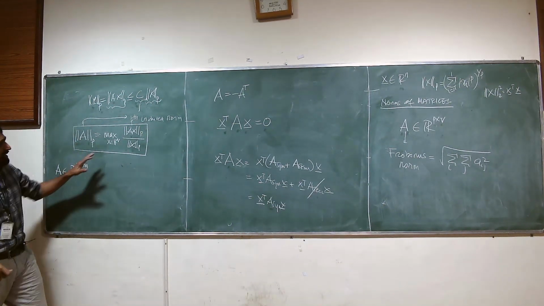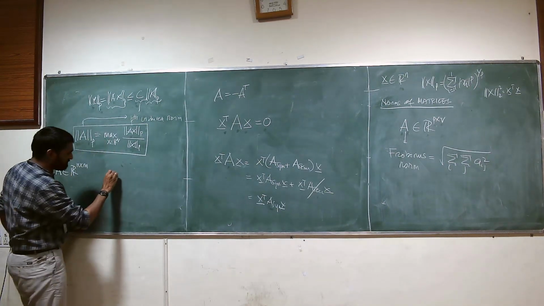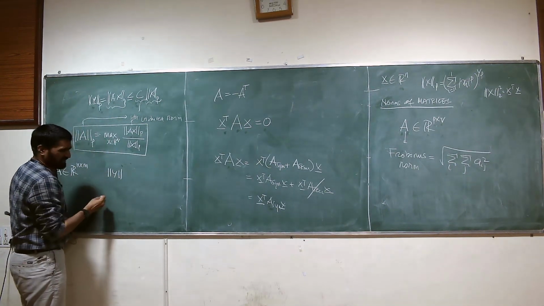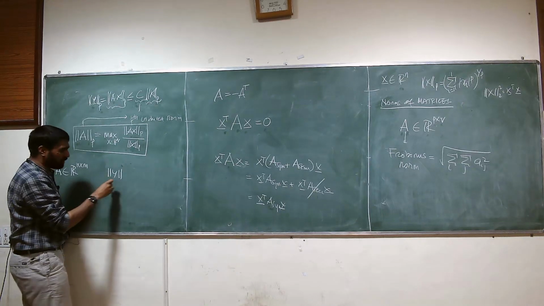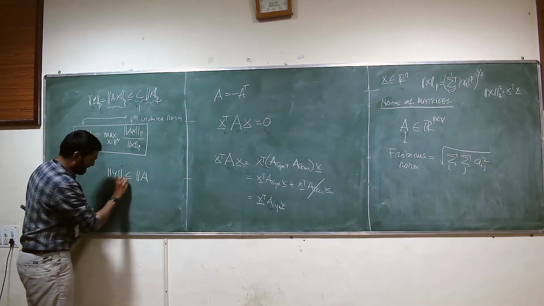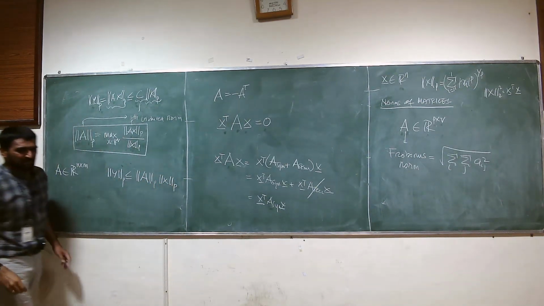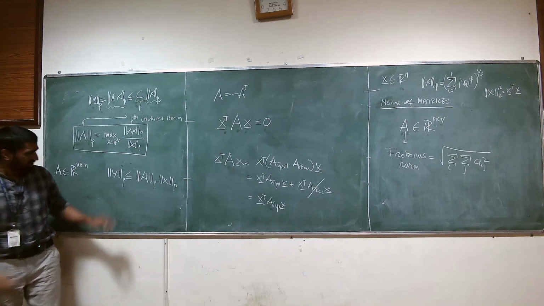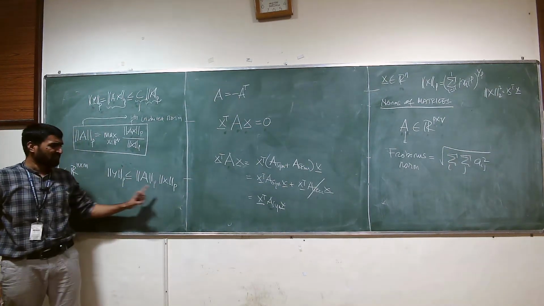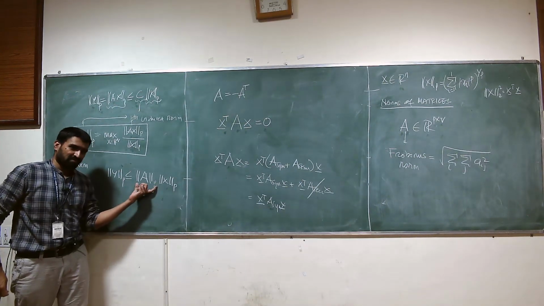That means no matter what x I choose, the y that comes out will always be less than or equal to the pth norm times the norm of x. So this tells me my matrix A will never amplify this vector x more than this factor.